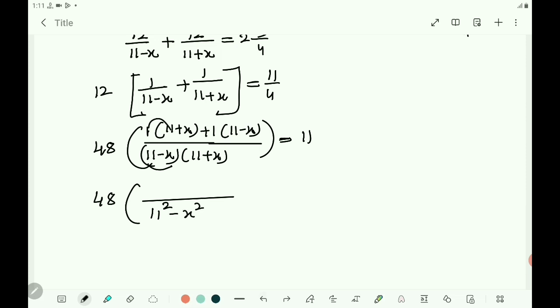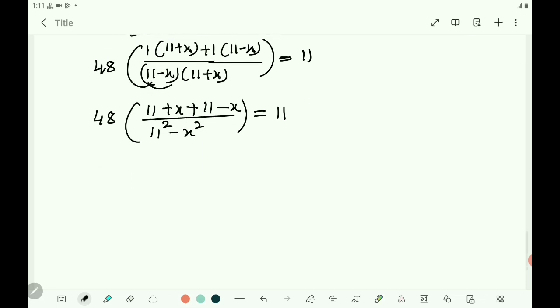Here 1 into 11, 11. 1 into x, x. Plus 1 into 11, 11. 1 into minus x, equals 11. Then you write 48 into, here plus x minus x cancels, 11 plus 11 is 22.